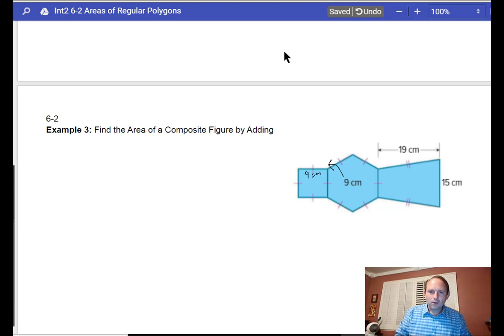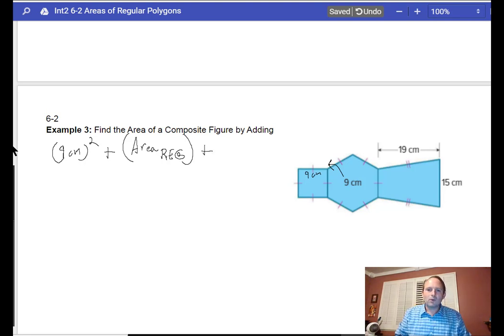So the area of this square would be 9 centimeters times 9 centimeters, which is 9 centimeters squared. And then I'm going to add this regular polygon right here, but I can leave that off. Let's call this the area of the reg. And we'll come back to you.